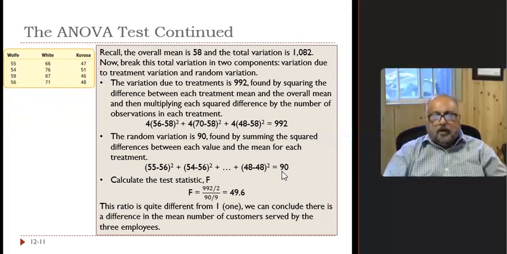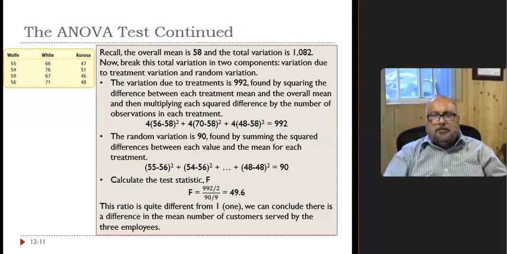Okay. Now, how do we find the F statistic for that? We have 990 divided by 2, and that's the numerator, because the bigger value goes on the numerator and the smaller value goes on the denominator. So why do we have 2 and 9 here? The 2 comes from the number of treatments minus 1.